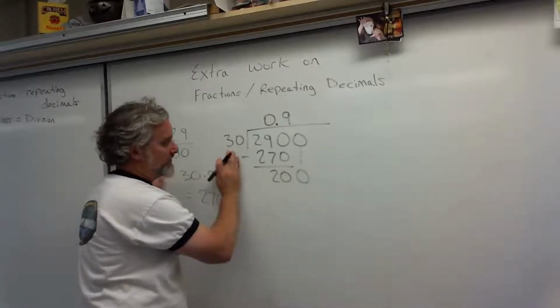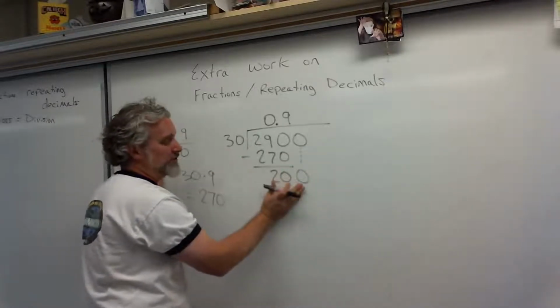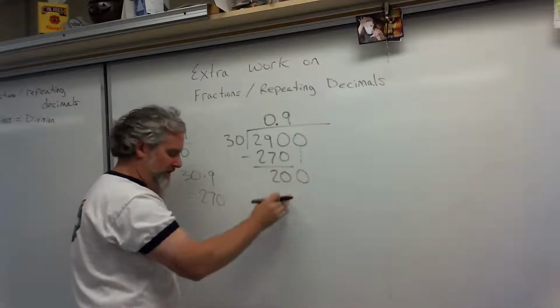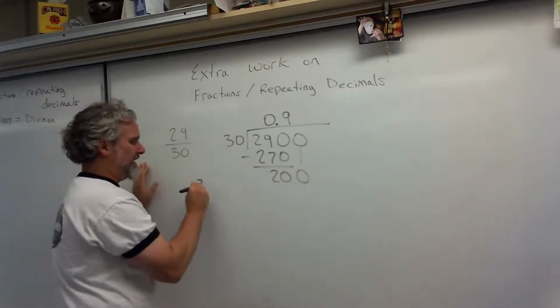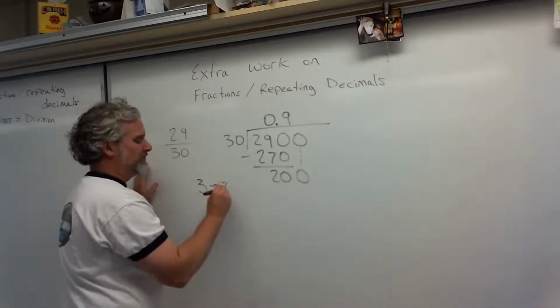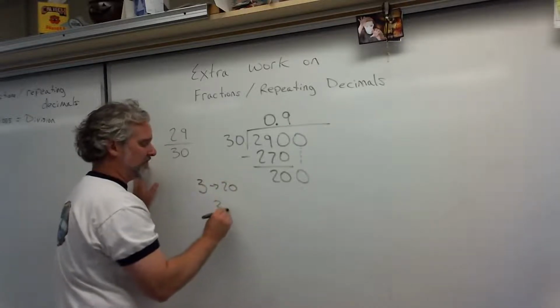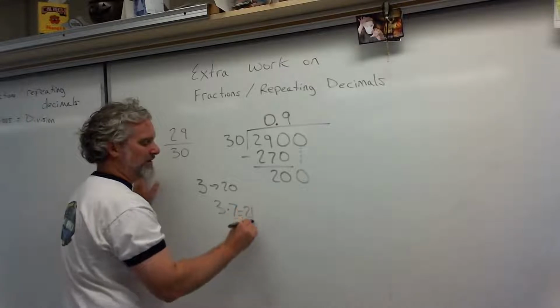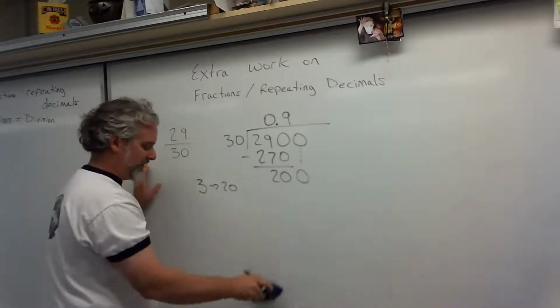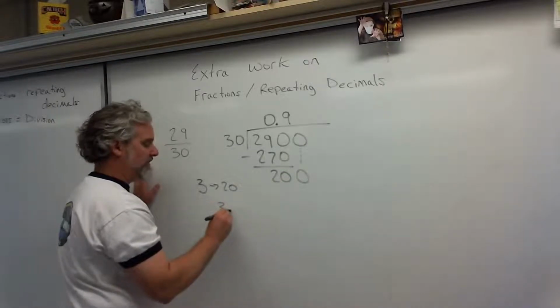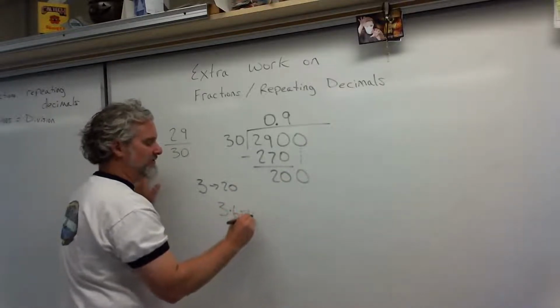Now my job is to see how many times 30 can go into 200. If I want to look at smaller numbers, how many times does 3 go into 20? I know 3 times 7 equals 21, so I'm going to use the number less than 7. So I'm going to use 6. 3 times 6 equals 18.